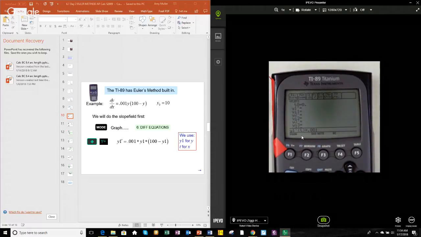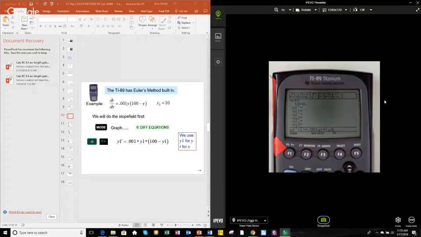So your derivatives are going to be, instead of dy dx, they're going to be dy dt. So where you see y, we're going to type in y1 because our function is y1 prime.